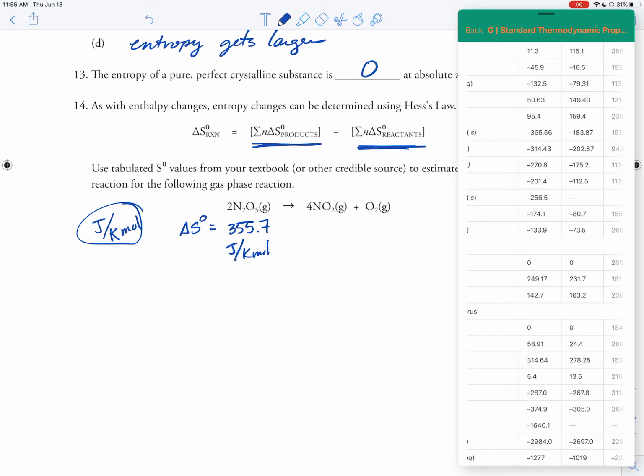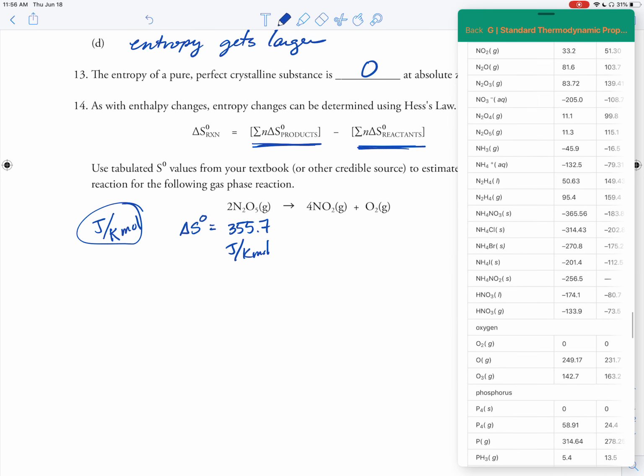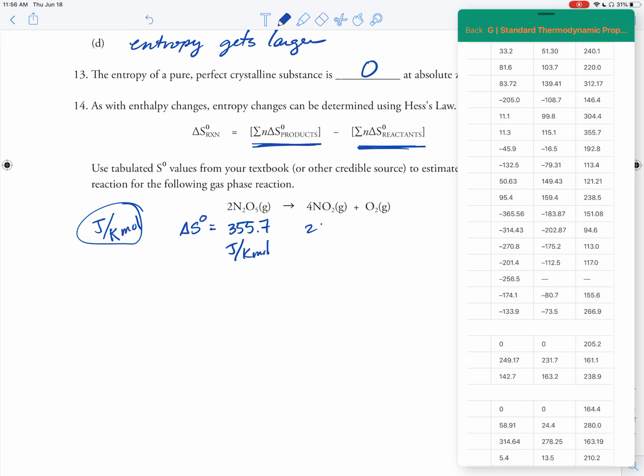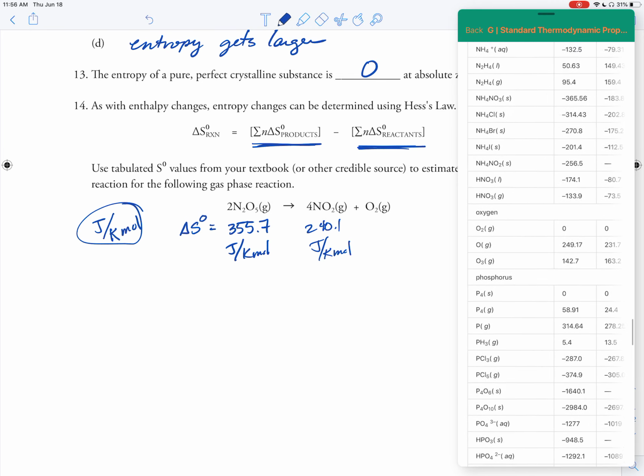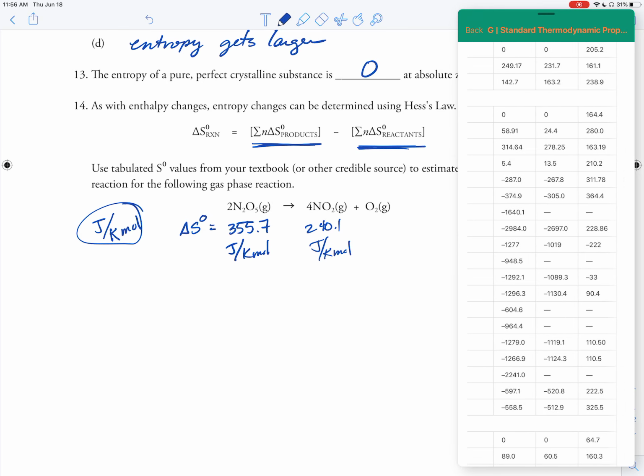Now we're looking for NO2, in gas form, third column, 240.1 joules per K mole. And then we're looking for O2, gas form, 205.2 joules per K mole.